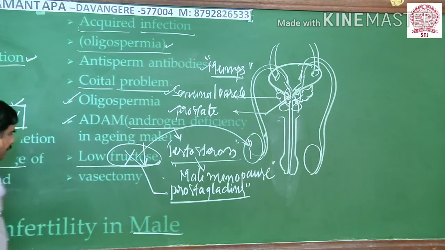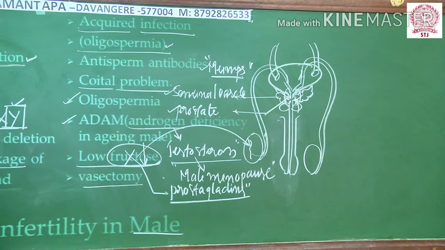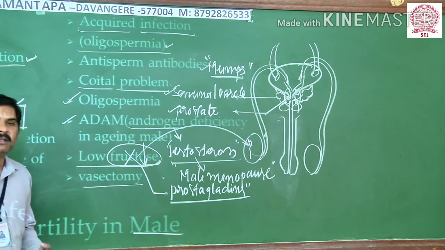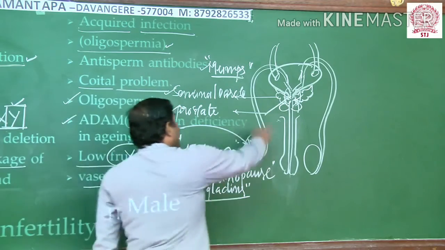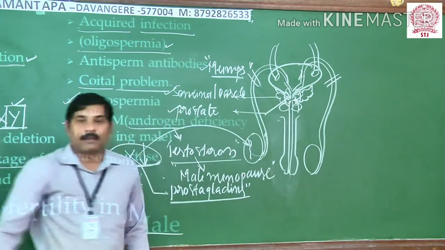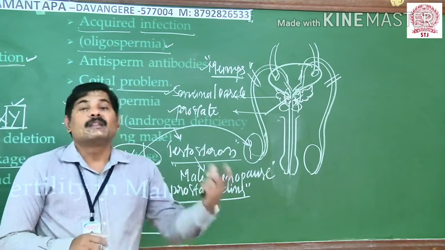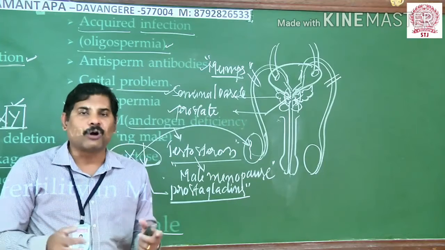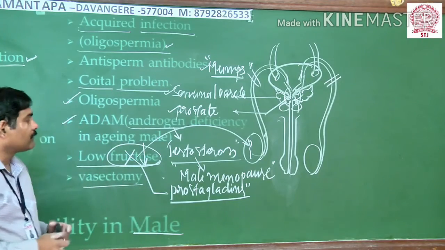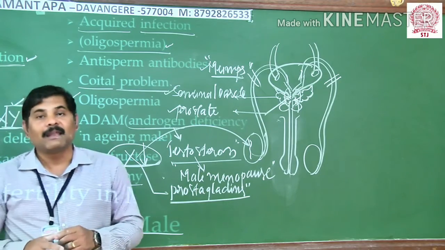Finally, vasectomy is one more important thing. When you go for the vasectomy, the two vas deferens are cut off and the cut ends are tied. There are no chances of releasing the sperms into the female genital tract. All these are the problems in a male that make the male infertile.